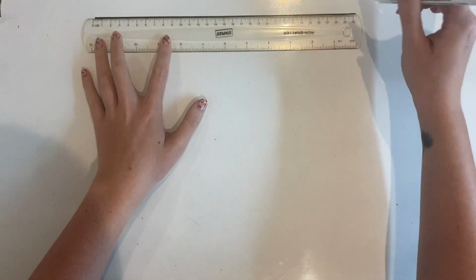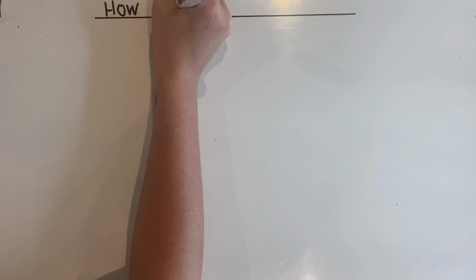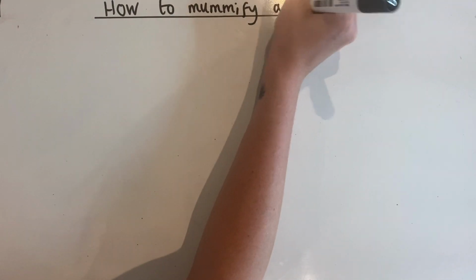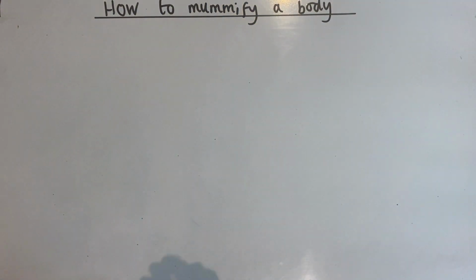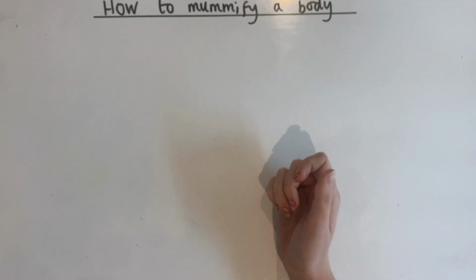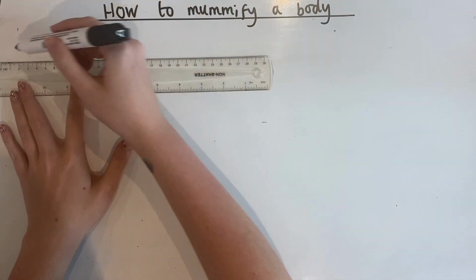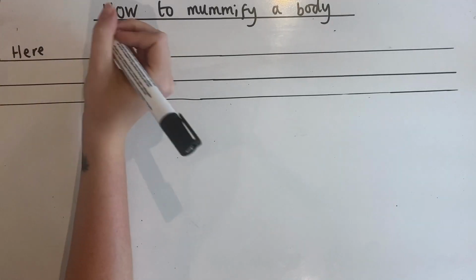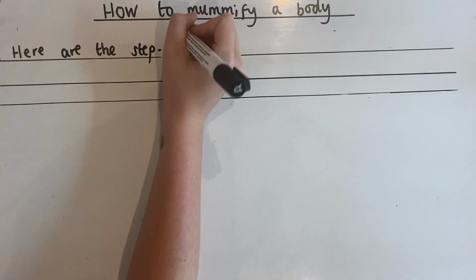So the first thing we need, of course, is a title to our instructions. So for my title, I'm going to put How to Mummify a Body. What could you put for your title? I wonder if you can make it sound exciting. Next, we're going to write our description or statement of what is going to be achieved.